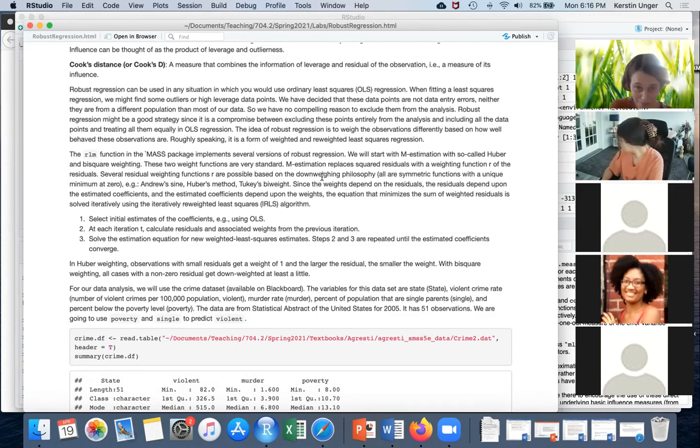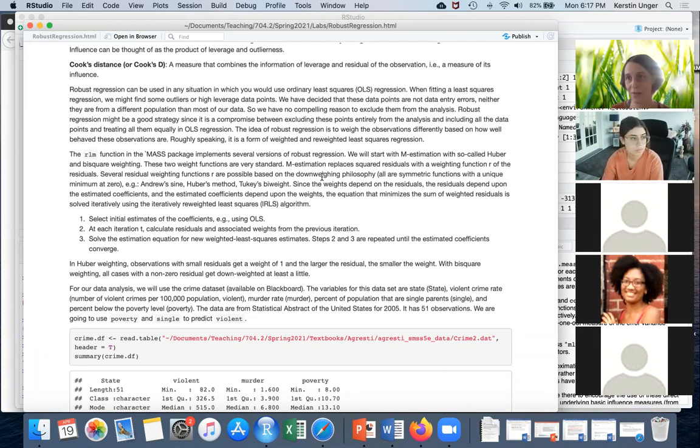You can determine the weights that you want to assign these cases based on these residuals, and then in the next step, you rerun the entire analysis with your re-weighted cases, right? You start over, and you loop through that until your regression coefficients converge.